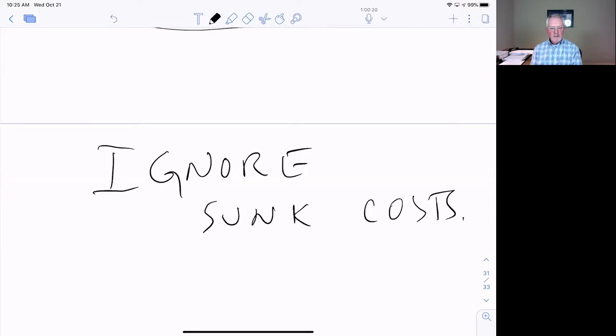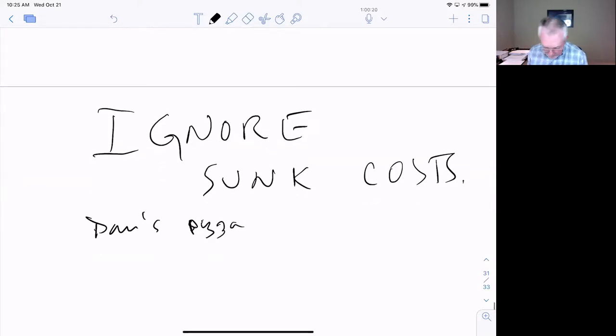As long as we can cover our avoidable costs, then we'll go ahead and operate. Sunk costs don't enter the equation. So if I came back to this in-text problem that says, Dan's supply function, back to Dan's pizza place, he has a variable cost of Q squared over 2.